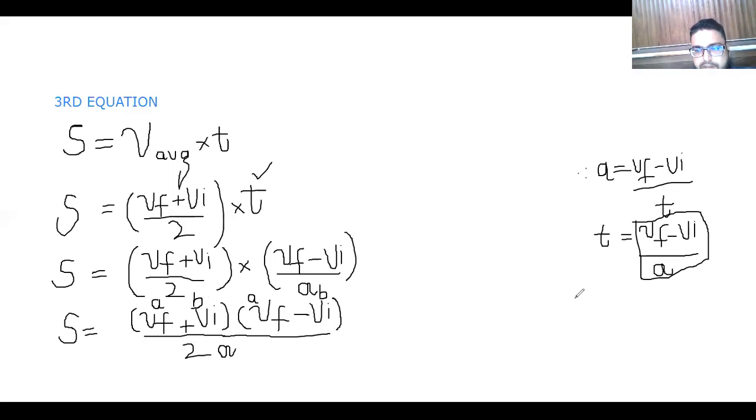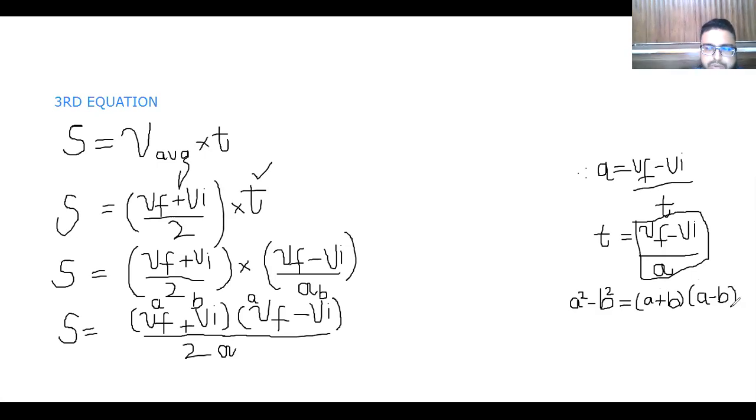According to this mathematical formula, a square minus b square is equal to a plus b times a minus b, right? So a plus b times a minus b will be equal to a square minus b square.